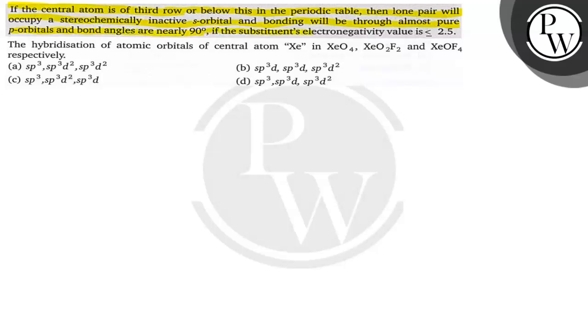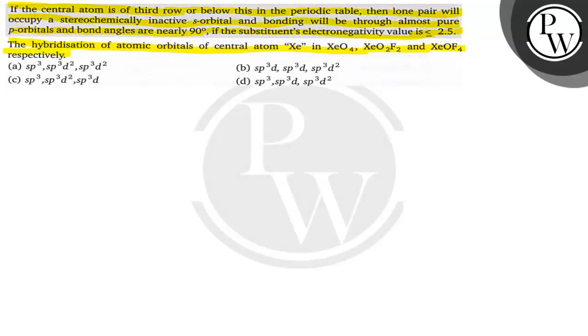If the substituent's electronegativity value is less than or equal to 2.5, this is the passage given, and the passage related question is: the hybridization of atomic orbitals of central atom xenon in XeO4, XeO2F2 and XeOF4 respectively.